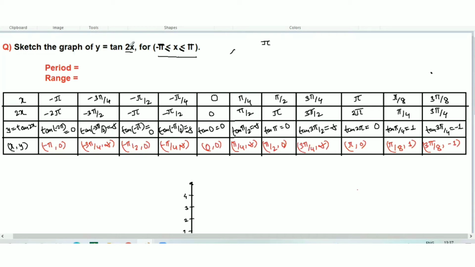But here we have to draw the graph of tan 2x, so the 2 will affect the period of the graph, and it will be pi over 2. Now the period of the graph is pi over 2, and the range will be the same, minus infinity to infinity, as we will get the asymptote lines here.